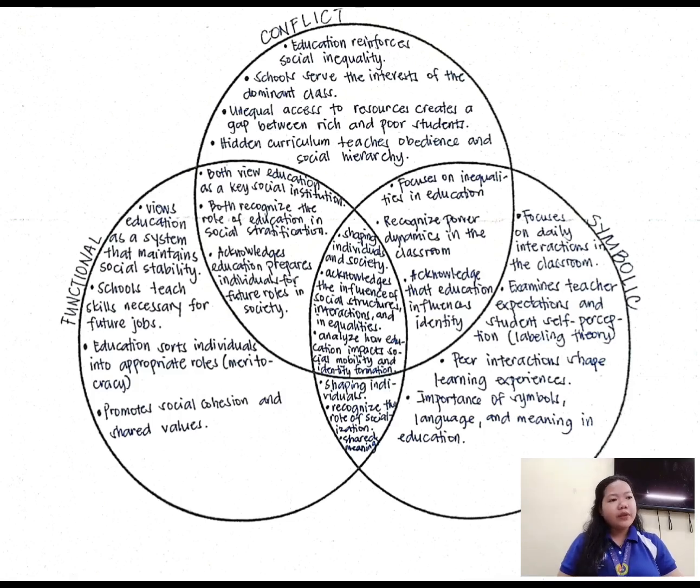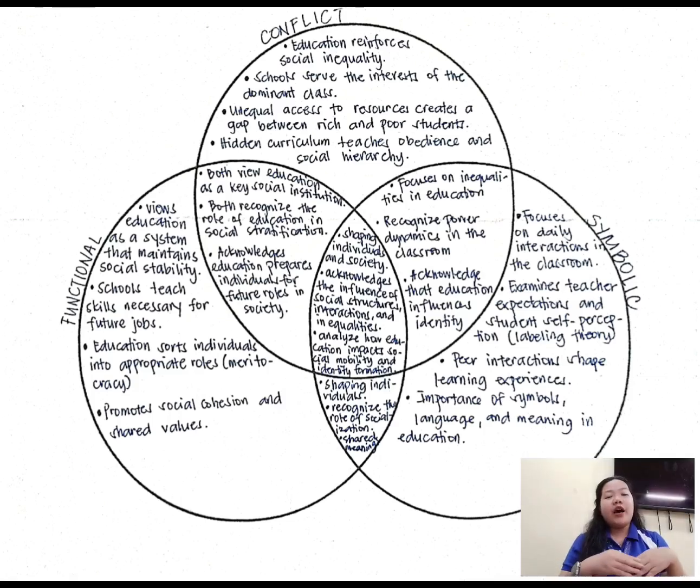So for example, students from lower income backgrounds are often prepared for blue collar jobs, the expected jobs, while the wealthier students are encouraged to pursue leadership roles. So more like it's about industrial management, or those higher positions.